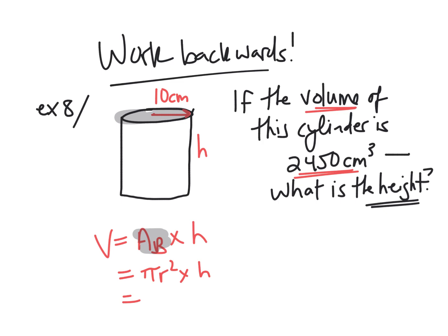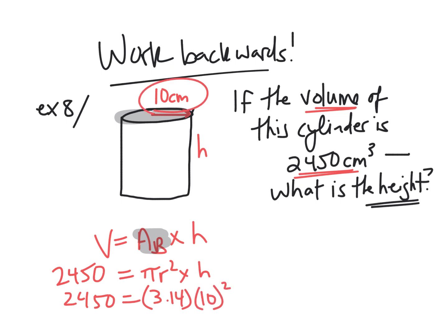And we have these values. So we know that the volume is 2450. Okay, so 2450 equals 3.14. We know the radius. We're given the radius. It's 10. So we have 10 squared in there. And then we're going to multiply it by h.